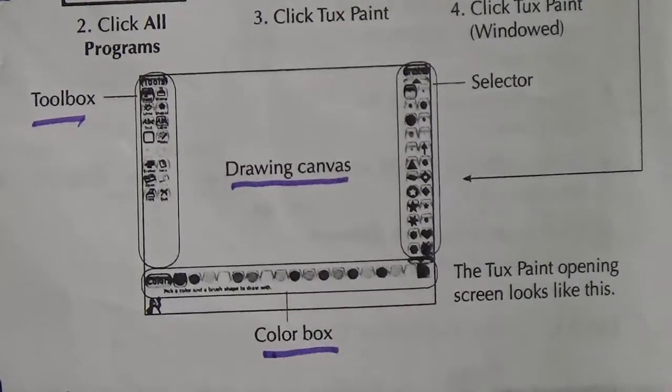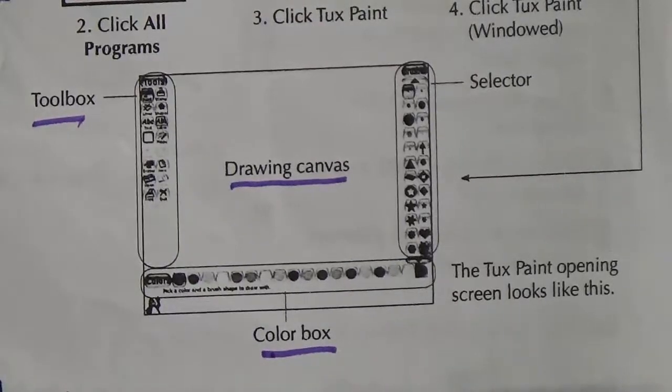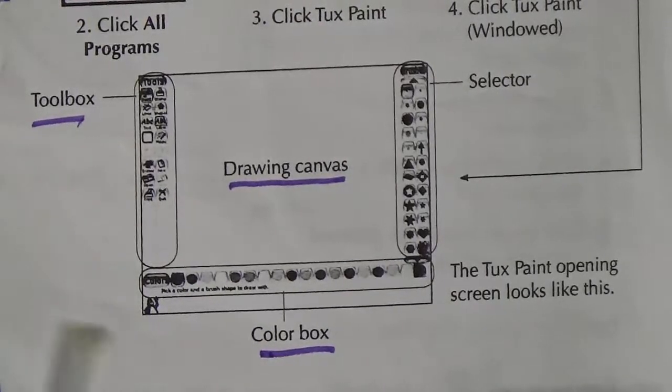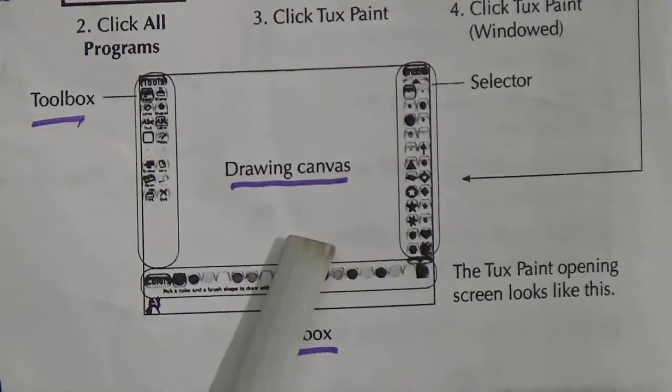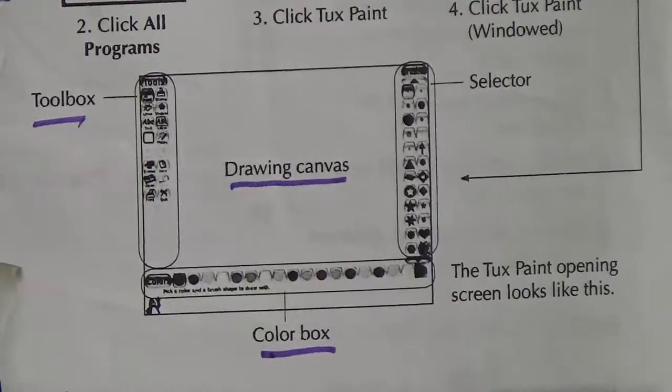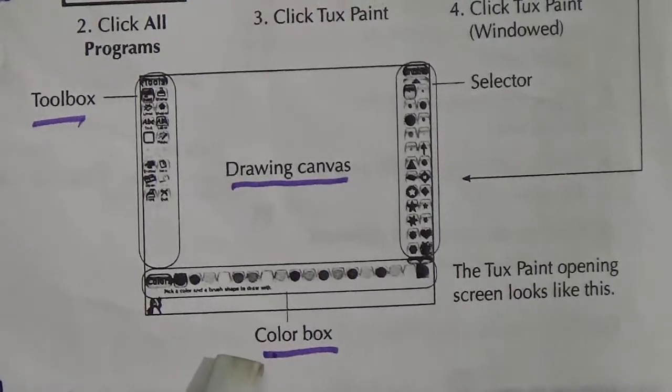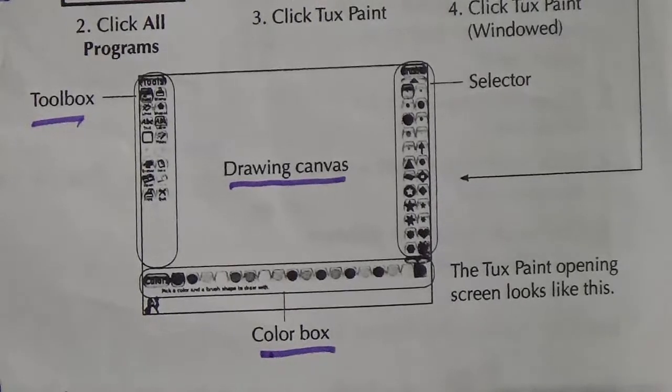And we can select color from the color box. So we can start the Tux Paint program by clicking the start button. And the white portion in the Tux Paint program is called the drawing canvas. And from the toolbox we can select any tool, and from the color box we can select any color.